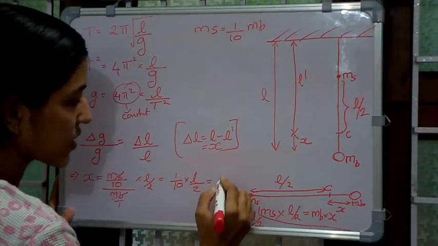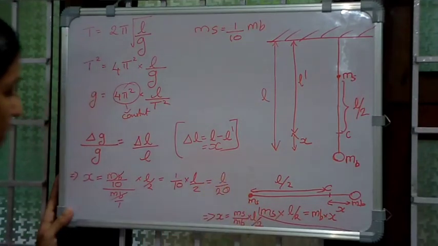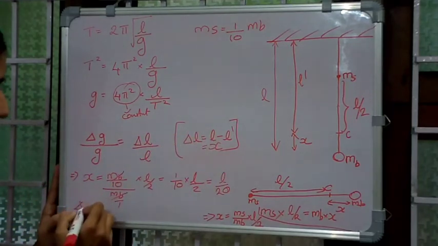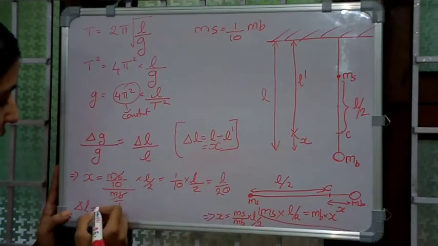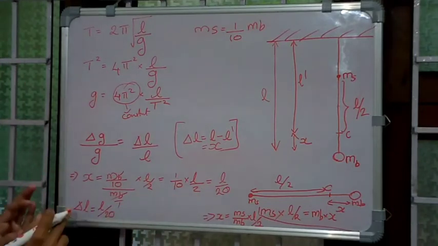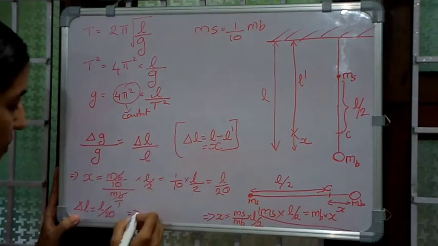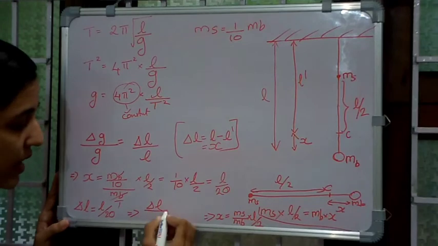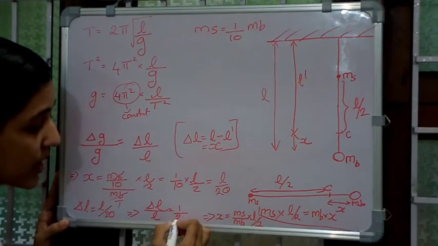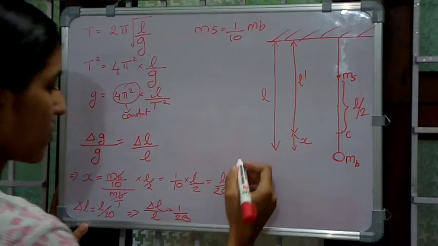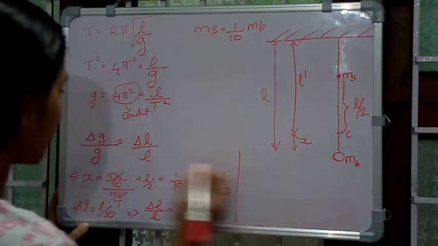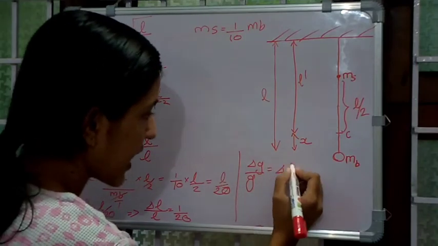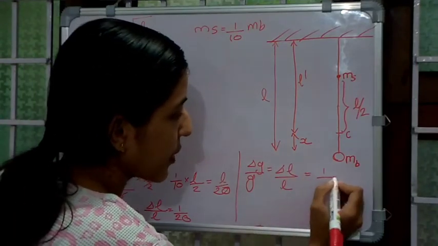So we get the answer L by 20, which is equal to x. Since delta L is equal to L by 20, taking L to the other side, we get delta L by L equal to 1 by 20. So we can write delta g by g equal to delta L by L, which is 1 by 20.